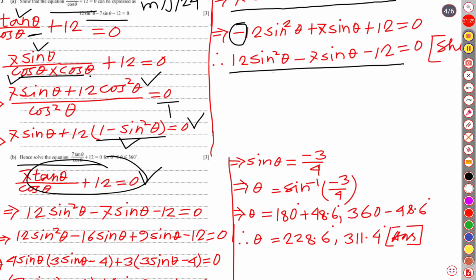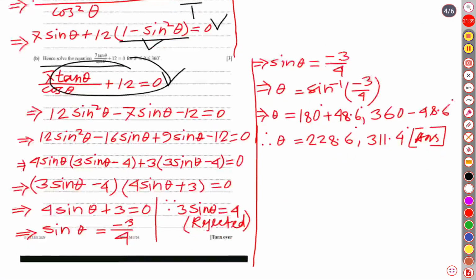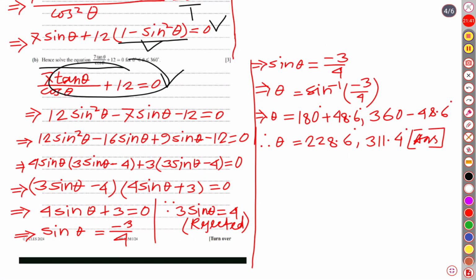We have just proven that this is actually 12 sin square theta minus 7 sin theta minus 12, so let it be written instead. We have written 12 sin square theta minus 7 sin theta minus 12 equal to 0. Since they have mentioned 'hence', we can reuse this expression.